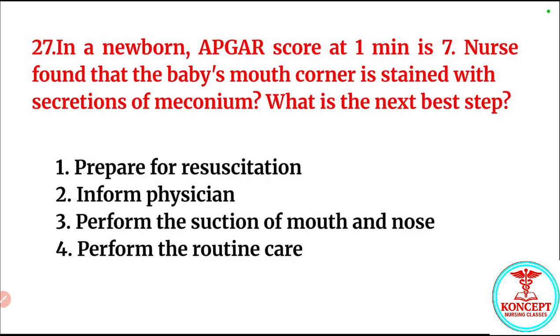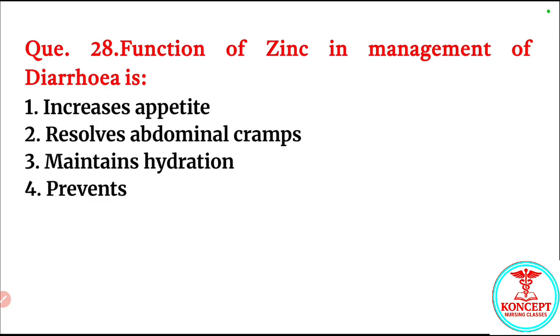Next, in a newborn, Apgar score at 1 minute is 7. Nurse found that the baby's mouth corner is stained with meconium secretions. What is the next best step? Correct answer is option 3, perform suction of mouth and nose. Next, function of zinc in management of diarrhea is? Correct answer is option 3, maintains hydration.